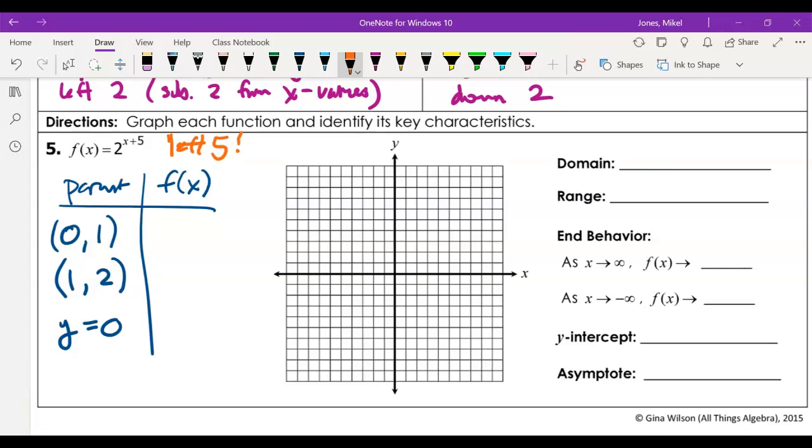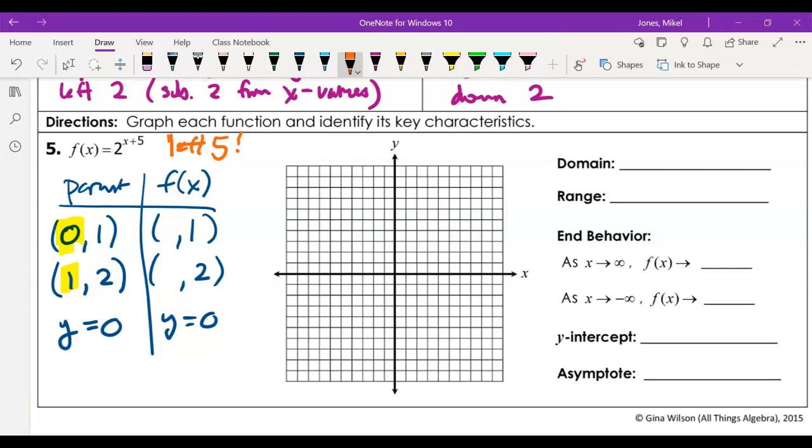We're going to go left 5. Okay. All right, so if I'm moving things to the left 5, I'm only changing the x values. So only this 0 and this 1 are going to be different. Everything else is going to remain the same. So I'll still have a 1 here, I'll still have a 2 here, and I'll still have y equals 0, because y equals 0 is a y value, right?